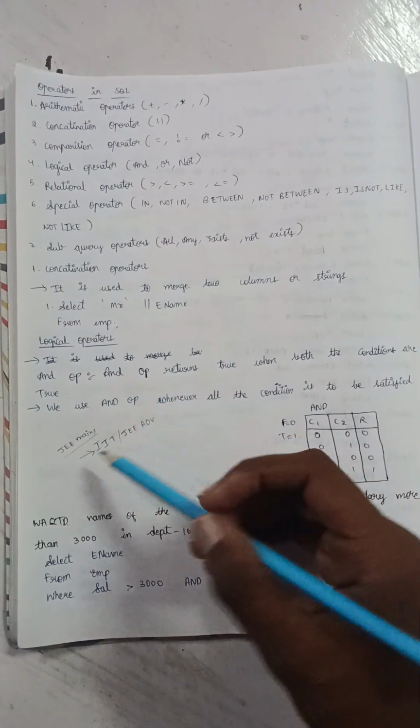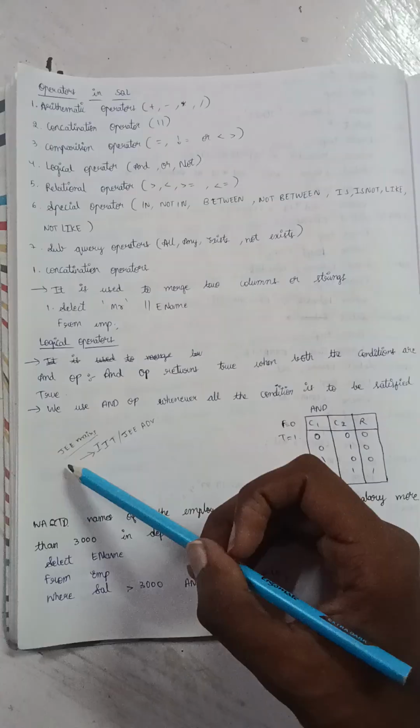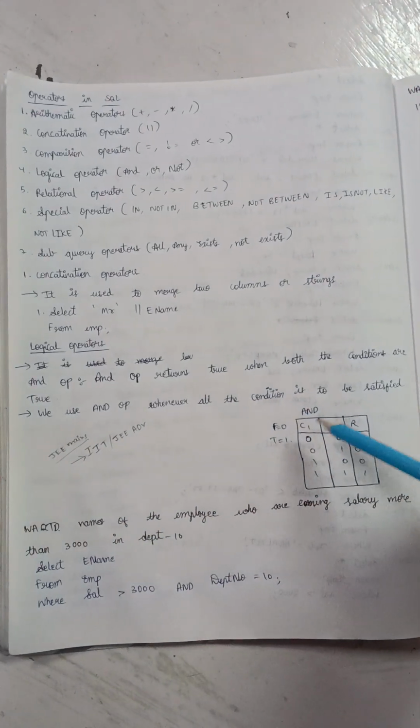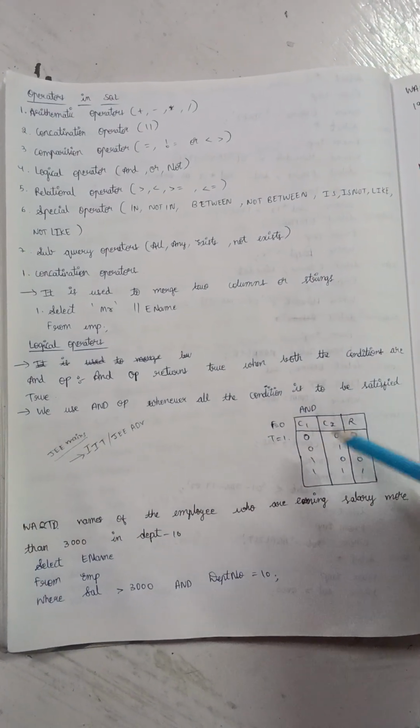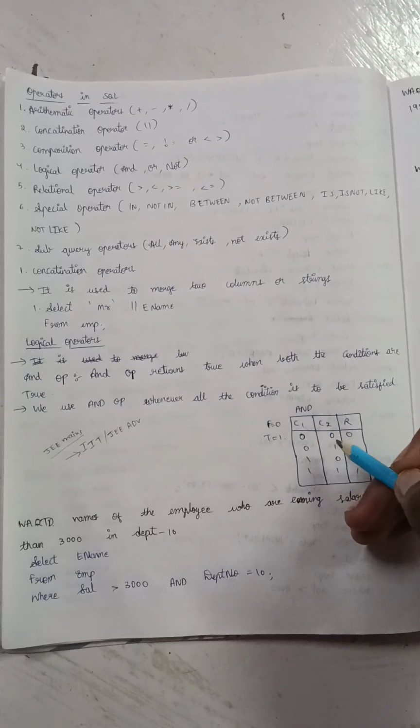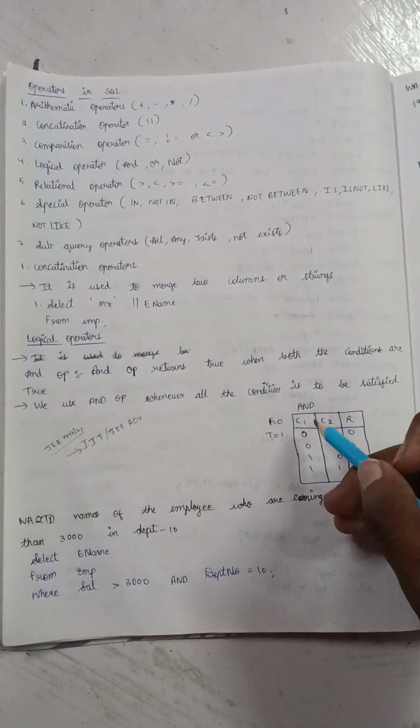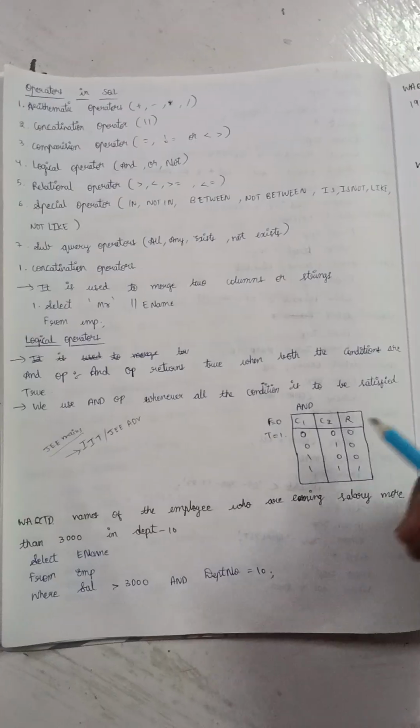Same as that, for example, if column 1 is satisfied, then column 2 should also be satisfied, then only and will give true.